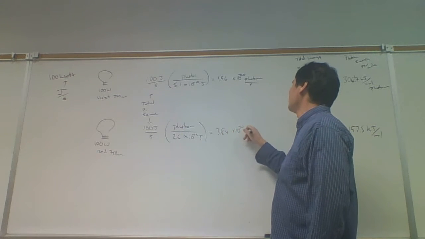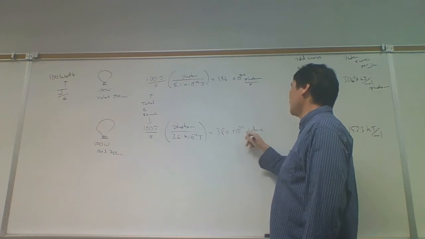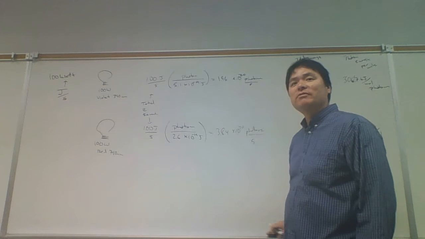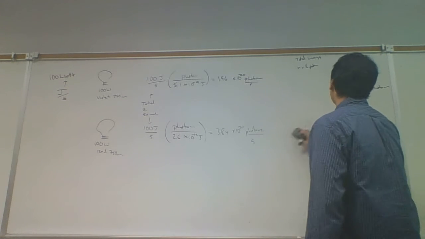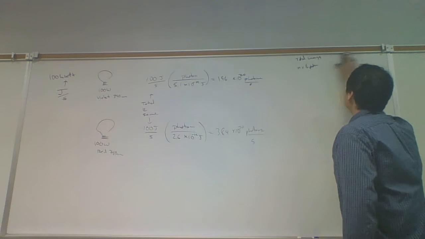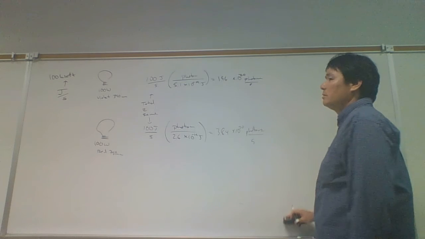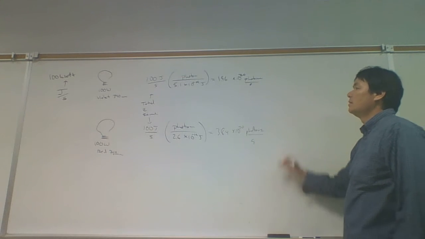So we're going to need roughly twice as many photons to add up to the same intensity. And so this is the way we can visualize the light here.